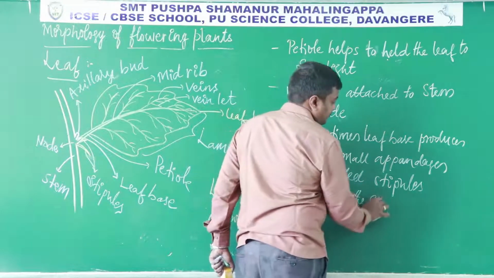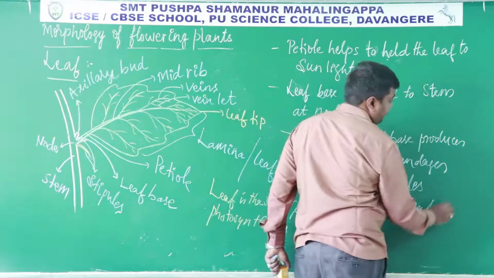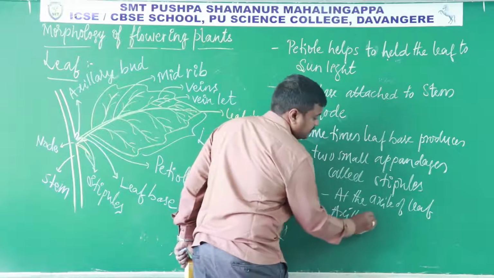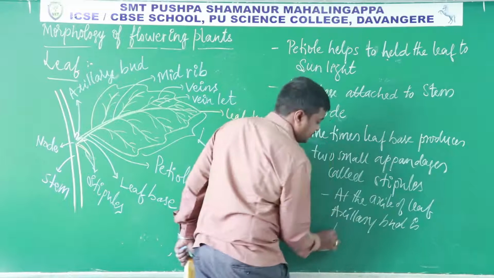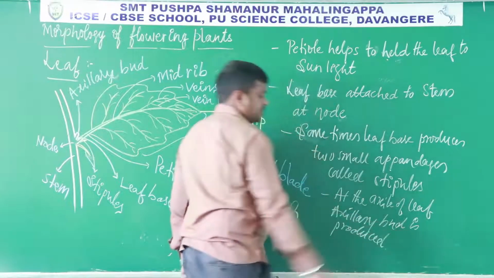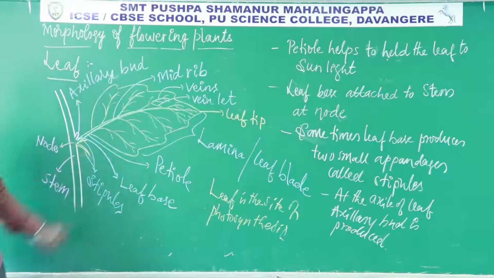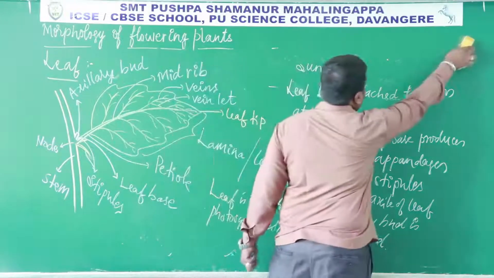At the axil of the leaf, the axillary bud is produced. Later the axillary bud develops into a branch. Sometimes it gets modified. So this is about a few things.